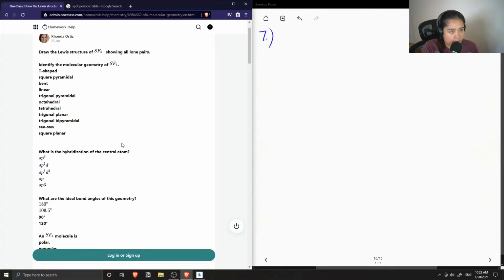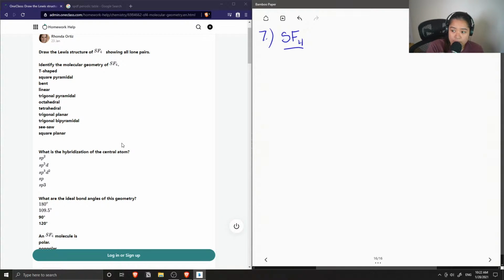Okay, so let's start off by writing the Lewis structure, since this will help us answer all of the following questions. So when writing out the Lewis structure, we first need to calculate the total number of valence electrons in this molecule.